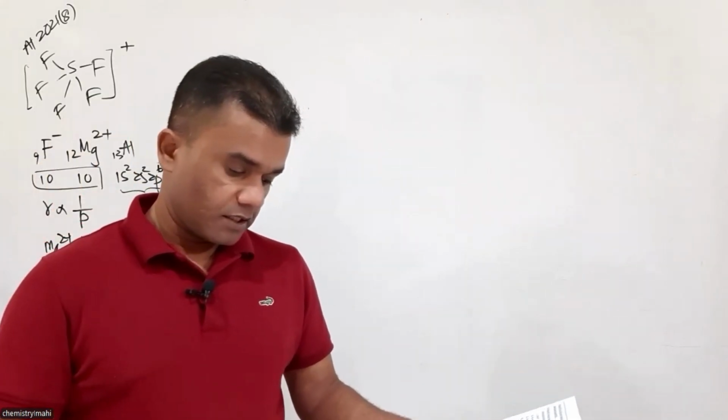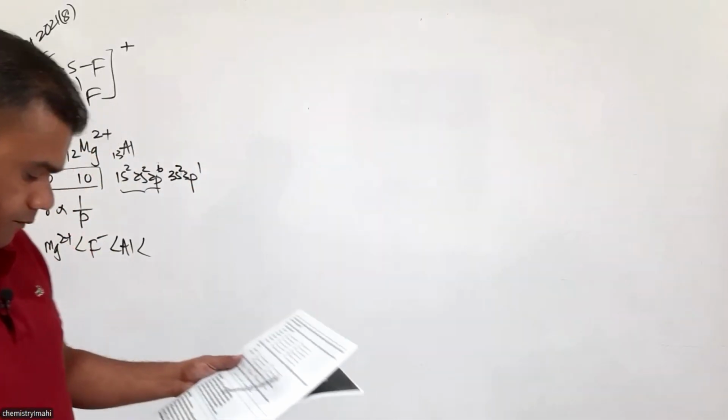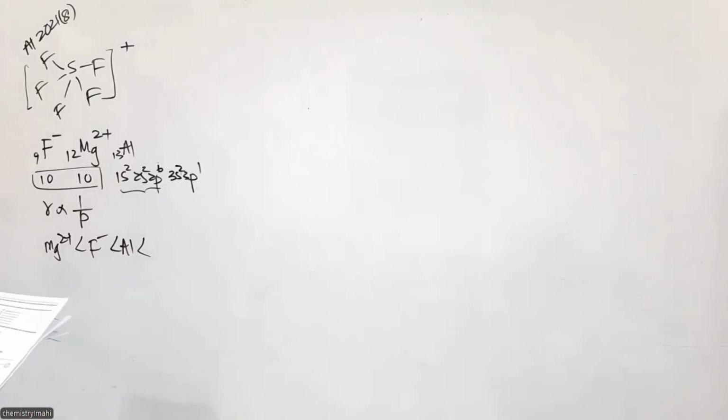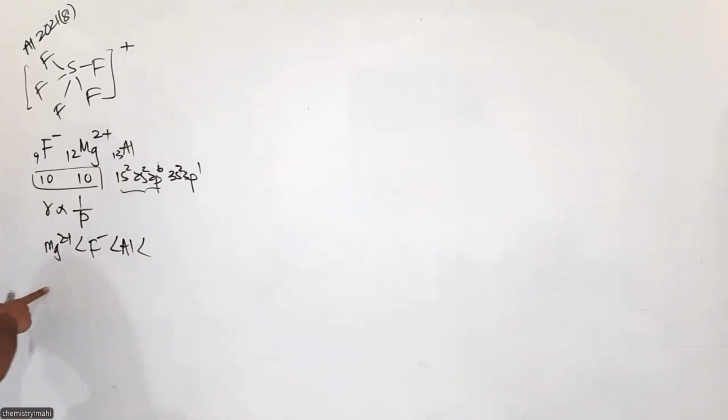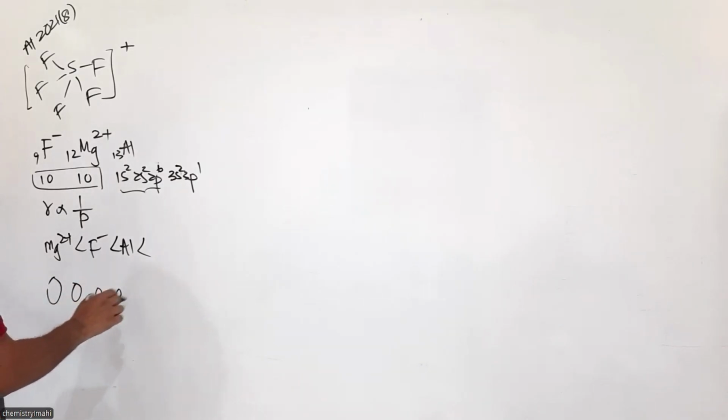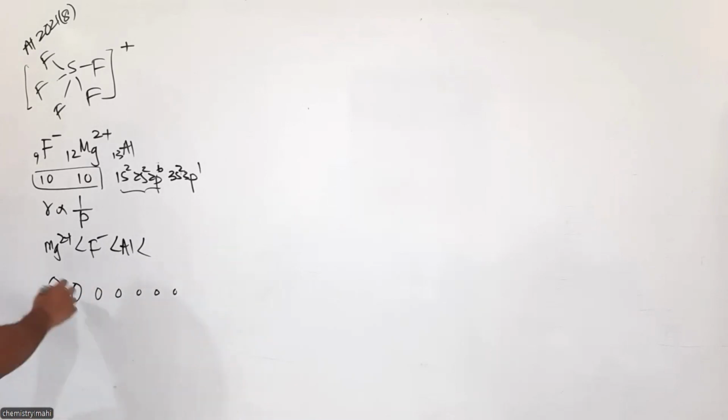Wait a minute. Cl minus. Again, come back to sodium, magnesium, aluminium, silicon, phosphorus, sulfur, chlorine. That's how we normally have them.